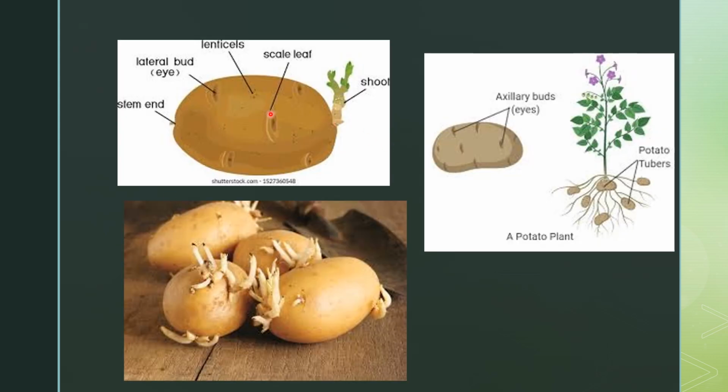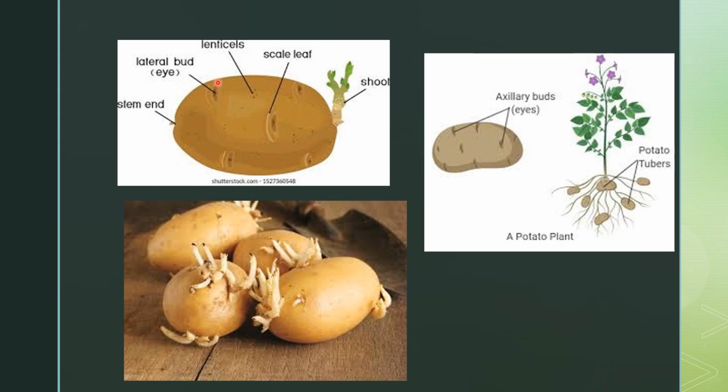These depressions called eyes spread all over the potato body. You can see the lateral bud in the eyes, and also there are lenticels. As you know, lenticels are pores that allow gas exchange.